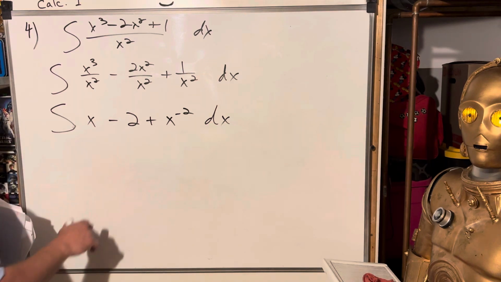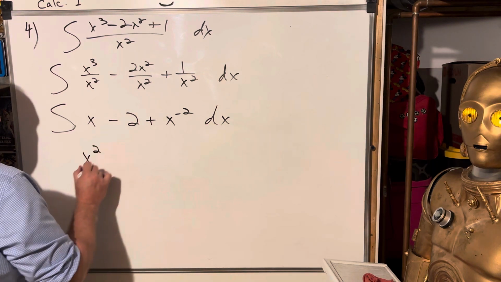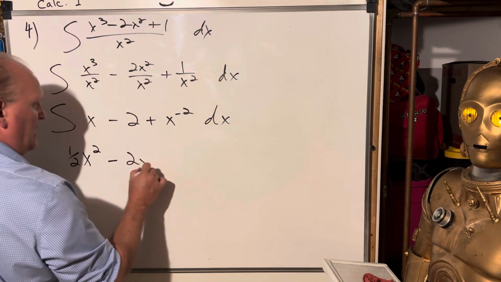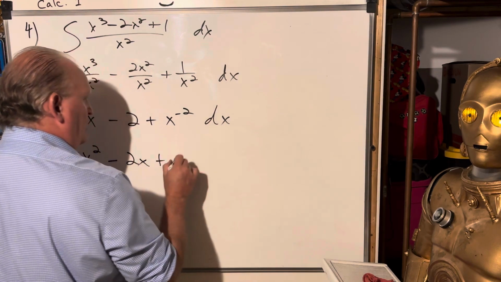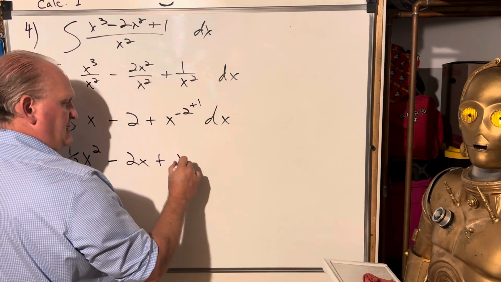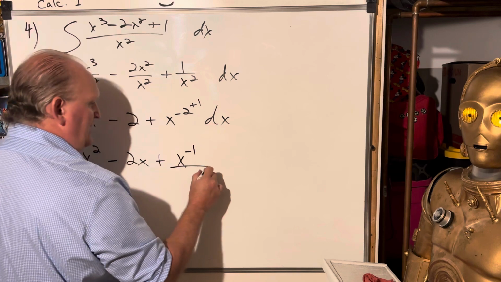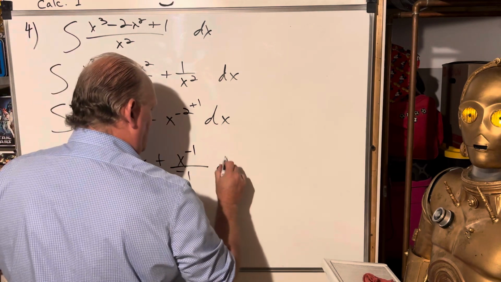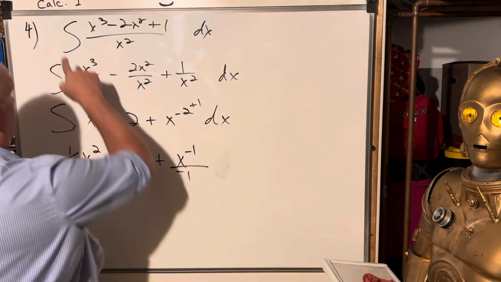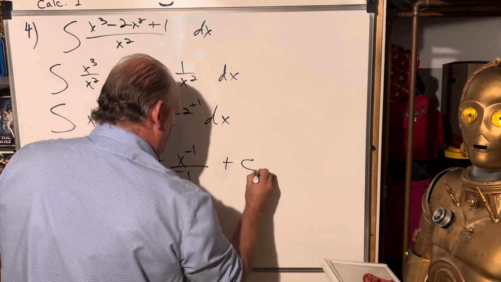and now do the antiderivative. x squared times 1/2 minus 2x plus, remember that's plus 1, so it's x to the -1 divided by -1. Oh, no more dx. And it's indefinite, so plus c.